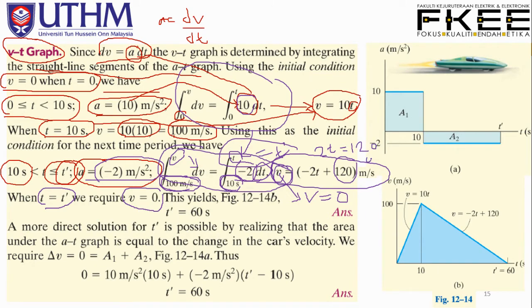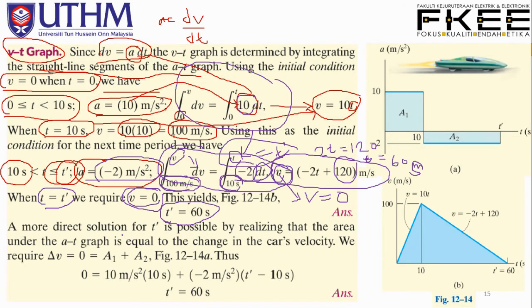Now we have t equal to 60. Okay, so this is the answer. The t prime, sorry, this is not meters but this is seconds, because the symbol is t, so the unit is seconds. So this is the new time, time prime, where the car stops at v equal to 0.